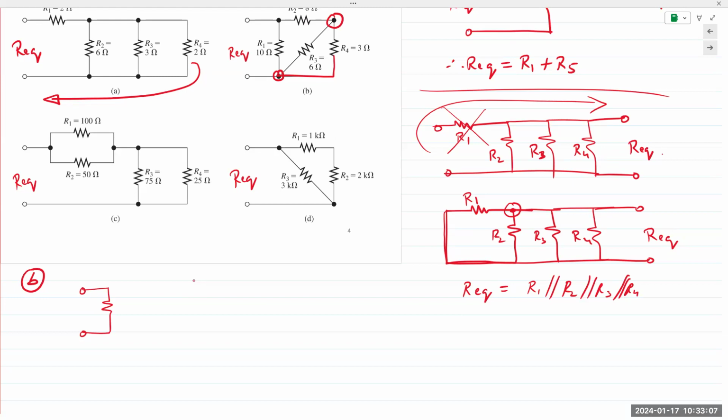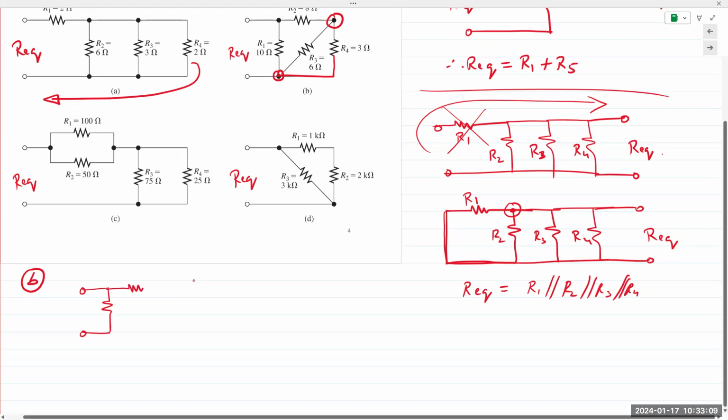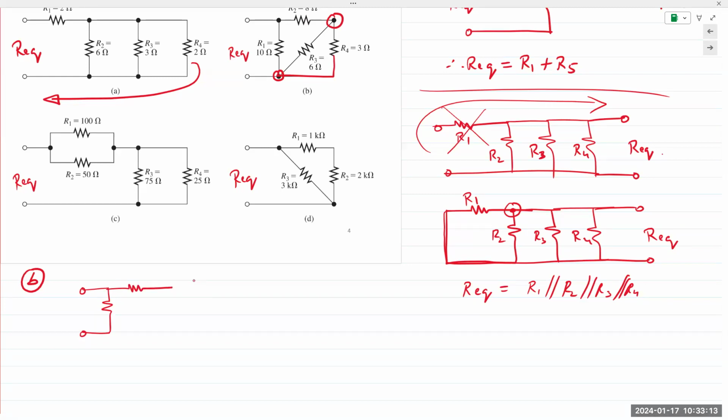So what I'm going to do is take this point for R3 and make it horizontal. I'm going to make it vertical. I'm going to stretch out that bottom node and stretch it towards the right. Okay, so I'm going to draw R3 like this. All I've done is I've taken this node at the bottom and I'm stretching it out towards the right.